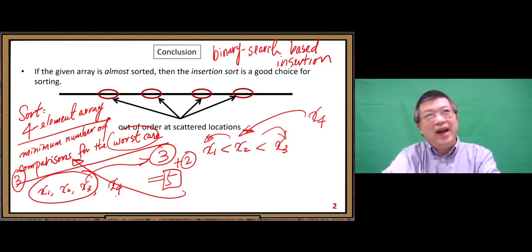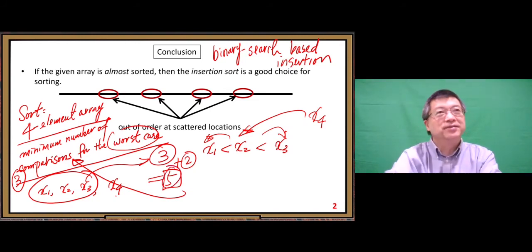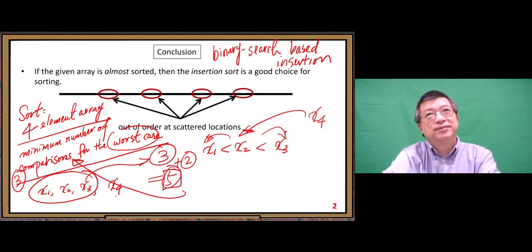Can you do better than that? You cannot. Nobody can do better than 5 comparisons for the worst case. This is optimal, the best people can do. Later, after we learn some new knowledge, we will prove it is optimal.